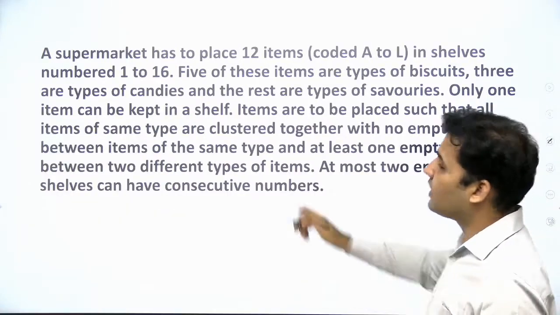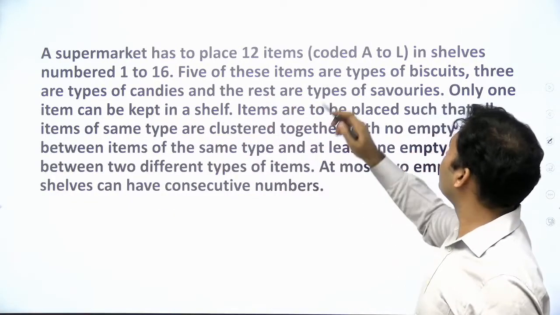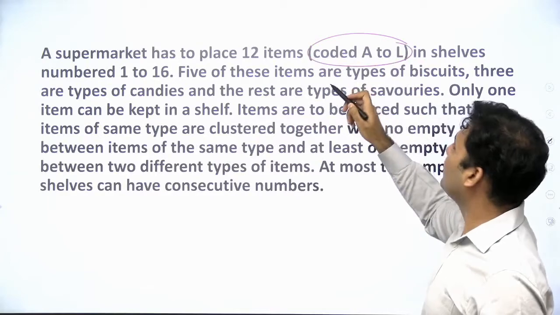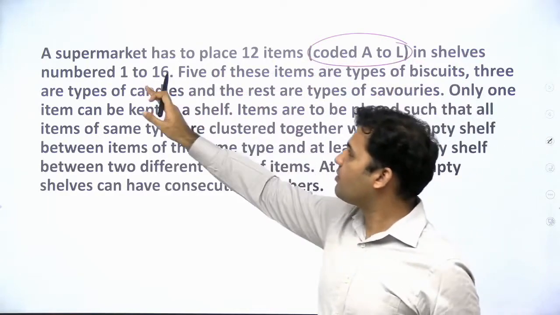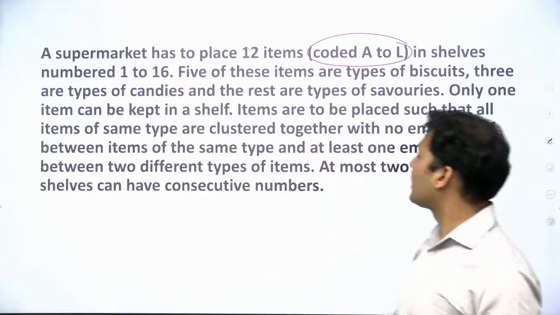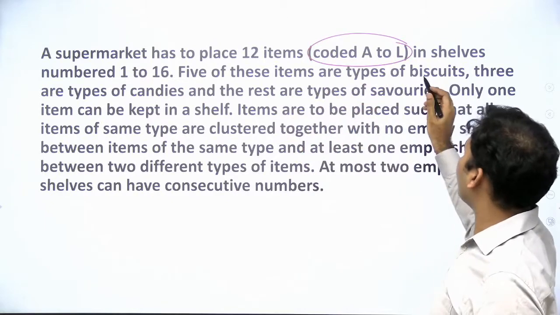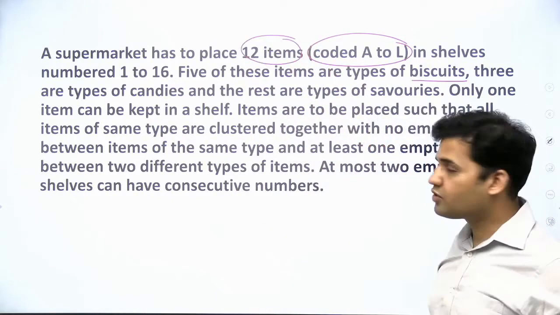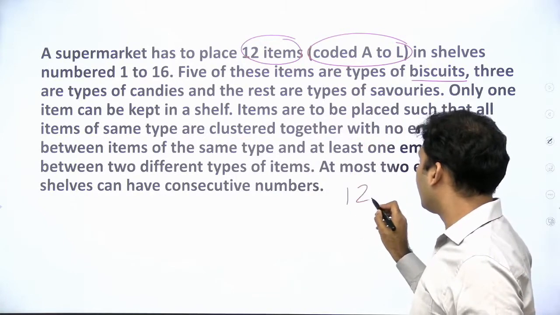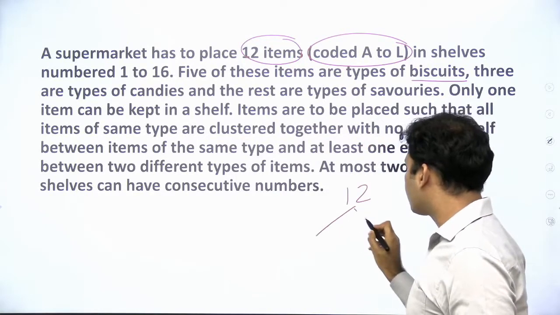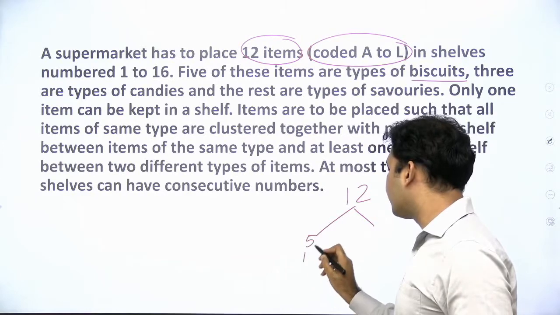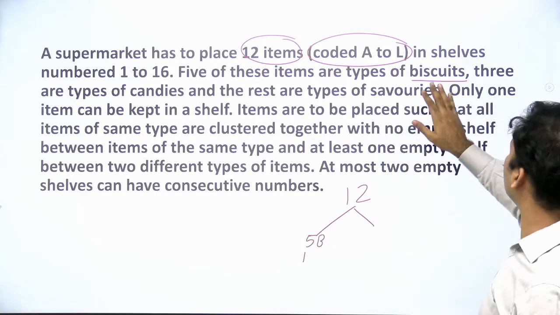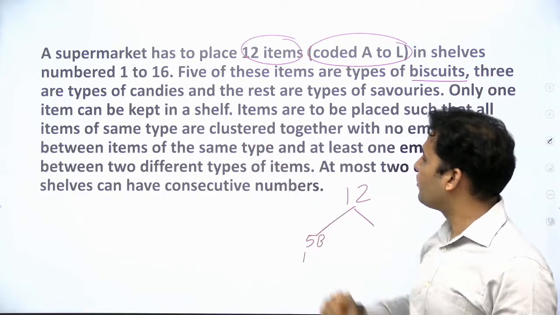A supermarket has to place 12 items which are coded as A to L in shelves numbered 1 to 16. 5 of these items are types of biscuit. So the total number of items that you're supposed to place is 12, and out of these 12 items you have 5 types of biscuits. 3 are the type of candies.